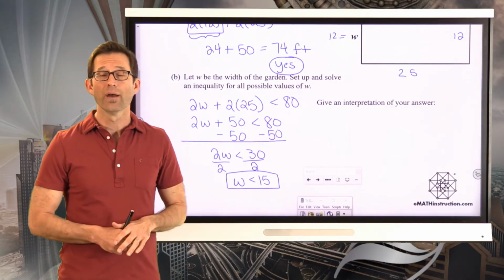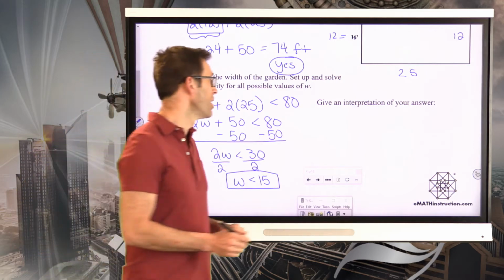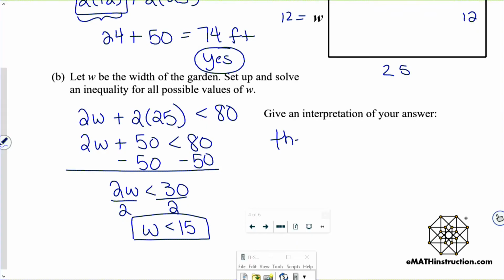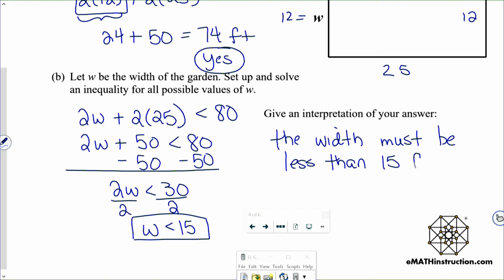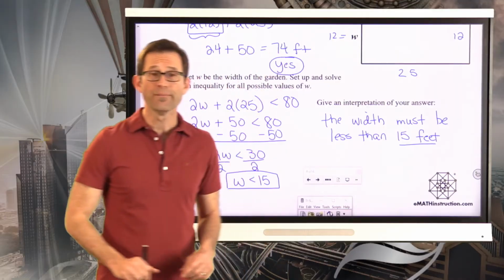Who knows? But this answer tells us the width must be less, whoops, not than 25. It certainly has to be less than 25 feet, but it must be less than 15 feet. And it's great.